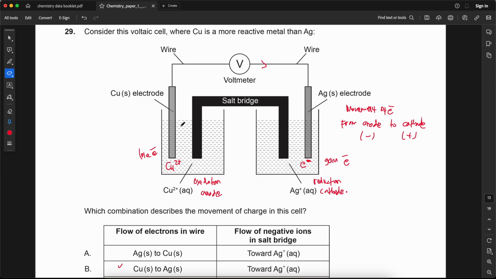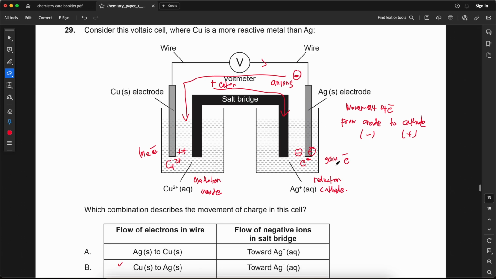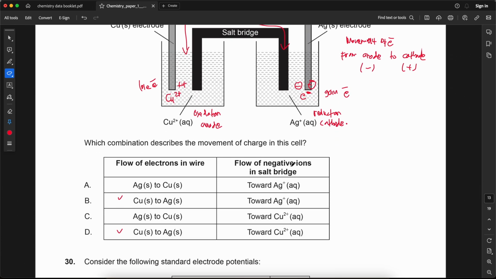So this part will be positive and this part will be negative. Okay, so we need a negatively charged ion to flow to here to neutralize this area, and a cation to flow to the other side to neutralize this negative area. Therefore, the flow of negative ions will be towards Cu.